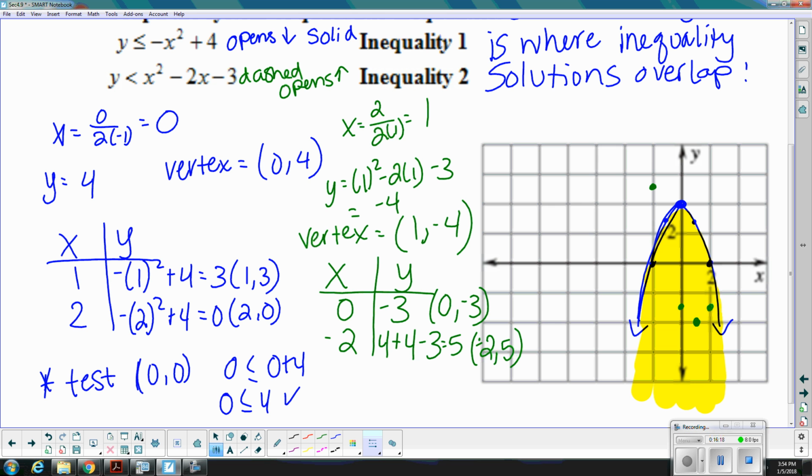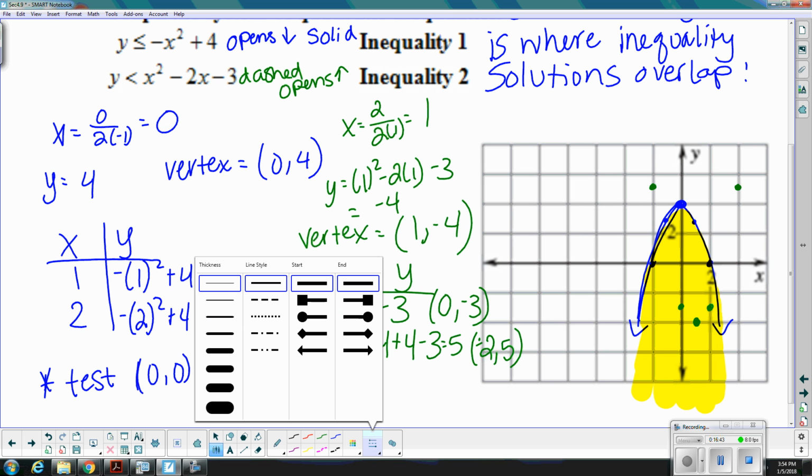So let's say to go over 2 units from here, which is there. All right, and I'm going to need a dashed line.